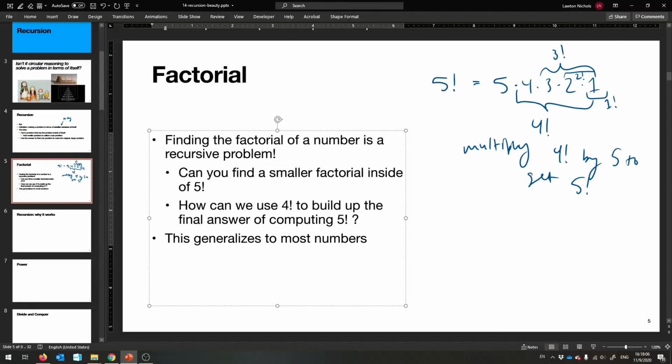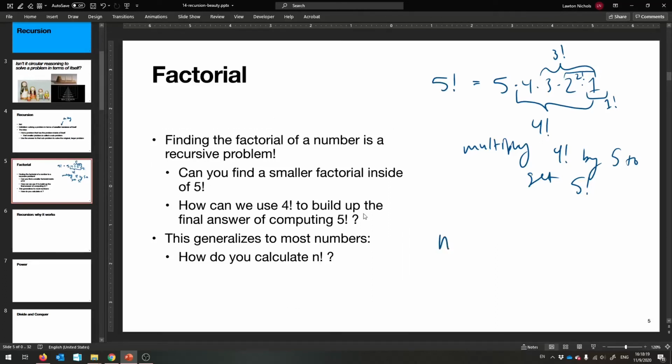How do you calculate n factorial? So if I was giving you n factorial, well, we notice that 5 factorial equals 5 times 4 factorial. With this pattern in mind, how do you calculate n factorial for any n?